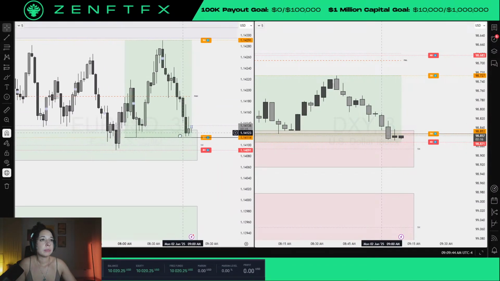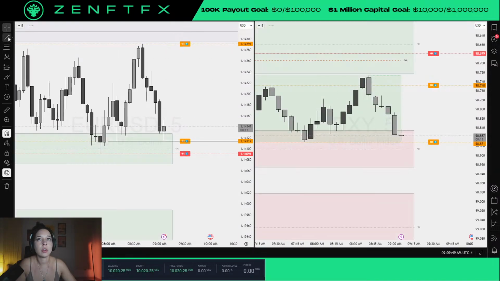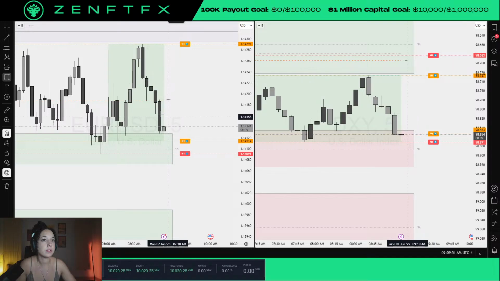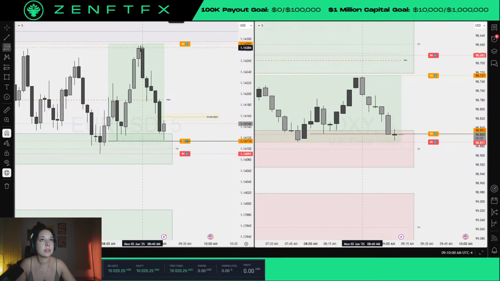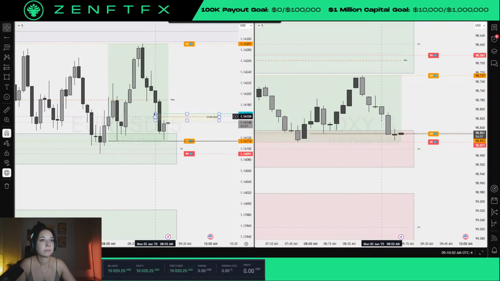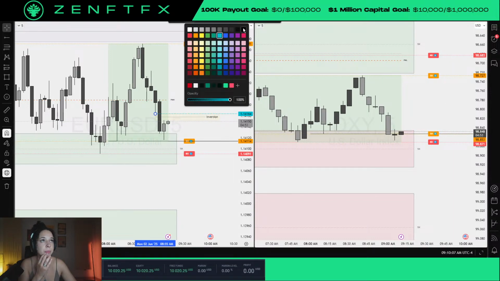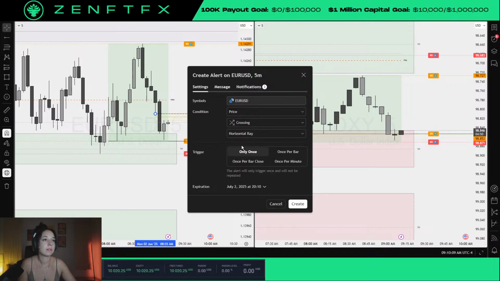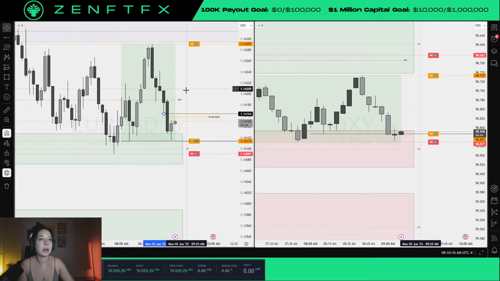The only other thing I'm looking for now is an inversion. We've got 10 seconds left on this candle. If price on the 5-minute closes above this, I'm going to set an alert. I'm just going to mark it black. If we get an inversion without taking out the low, I might have a buy opportunity here.